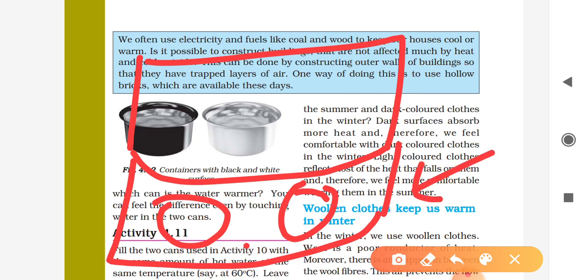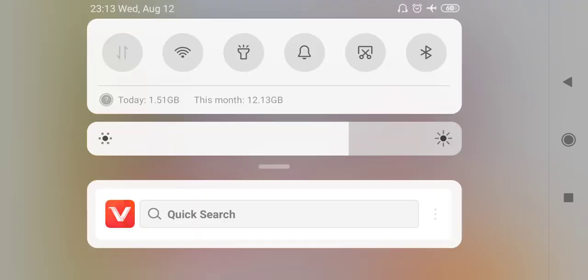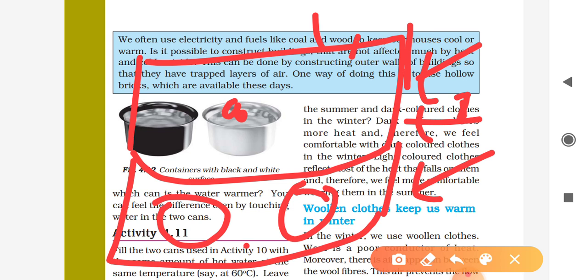This is the outer part. Here it is glass, and the outer part is colored black. So in the solar cooker, the outer part is black, and that is why it absorbs more heat from the sunlight and cooks very fast.